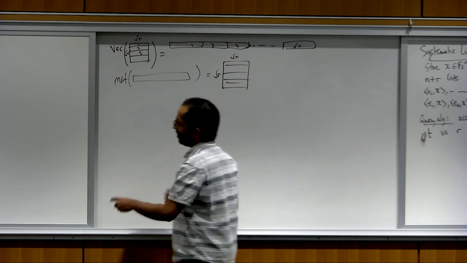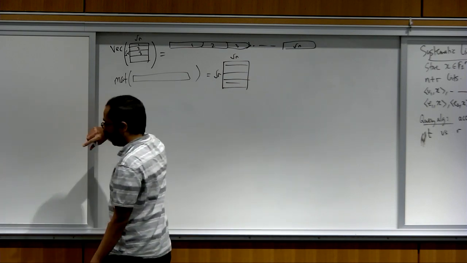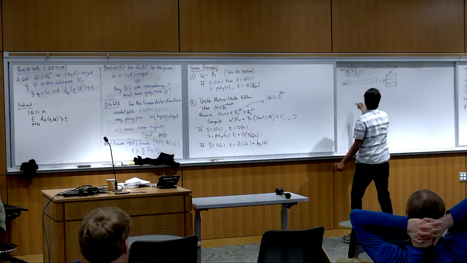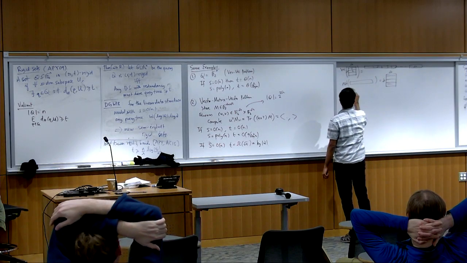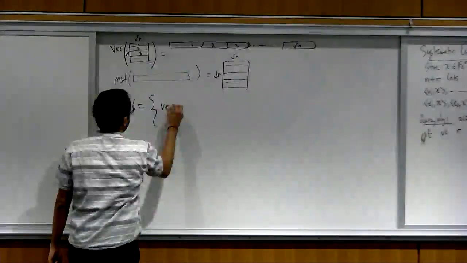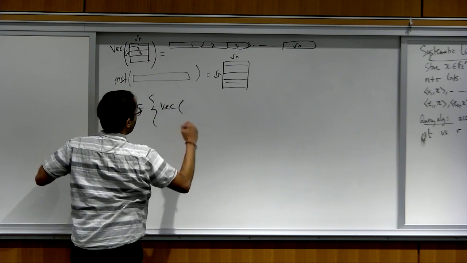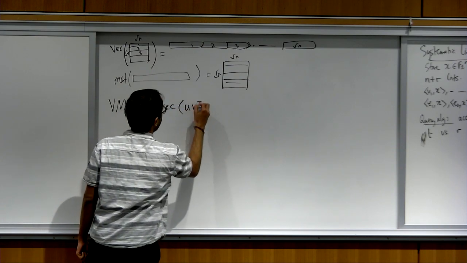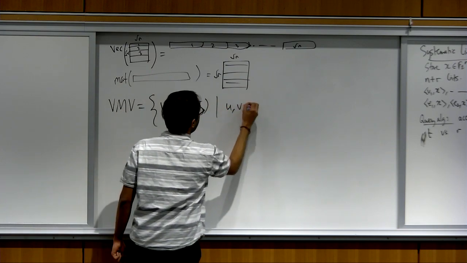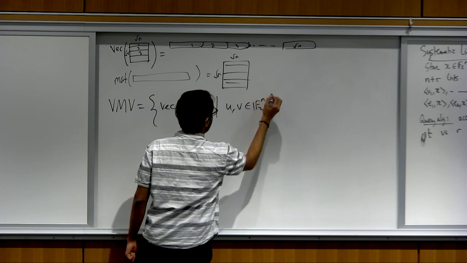Good. So now let's write down the set of vectors that we get from these queries. Define this set VMV to be all the vectors that you get by unrolling UV transpose for U, V in F2 to the square root n.